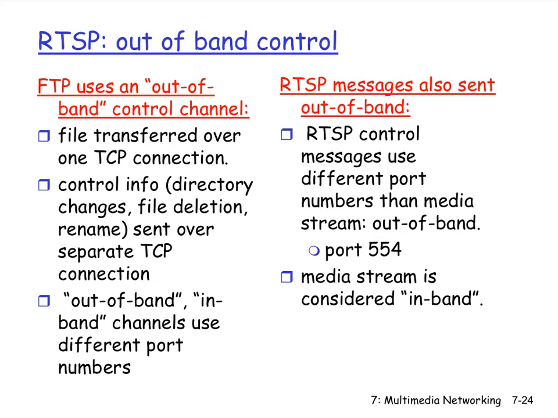In the book, it tries to draw some analogy between RTSP and FTP, although I don't find this really relevant to the context. But the way it positions this analogy is the fact that FTP, if you remember from 455, uses out-of-band control, which means that we have two different ports, two different sessions, one for sending the files and one for the control: how to set up the FTP session, tear down the FTP session, or get or put the file and stuff like that.